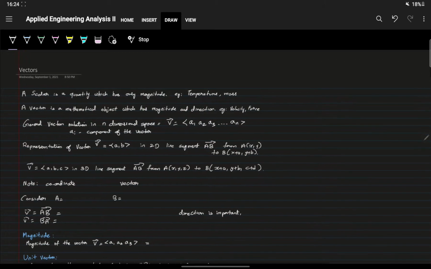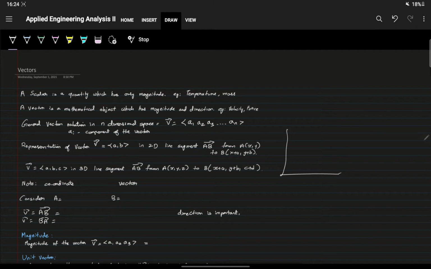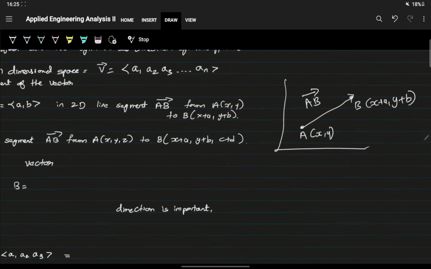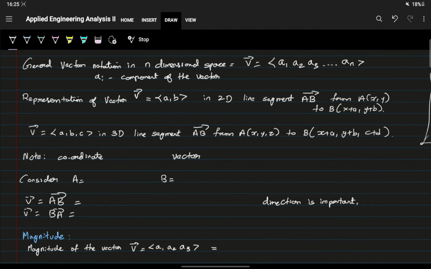This can be shown by: consider this is my A, which is (x, y), to B, (x plus a, y plus b). This is AB. An important point: whenever parentheses are used, it represents a coordinate, and the vectors are represented by this.